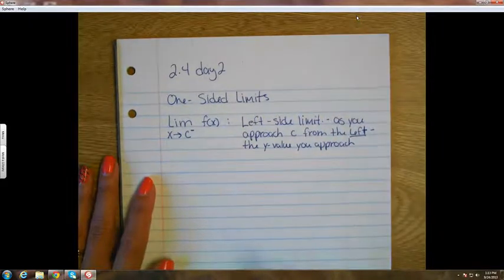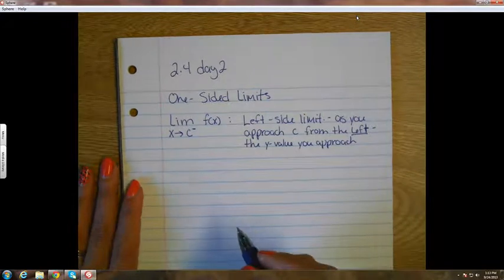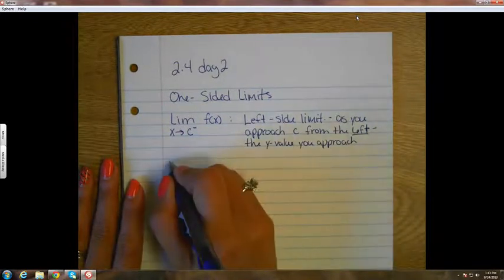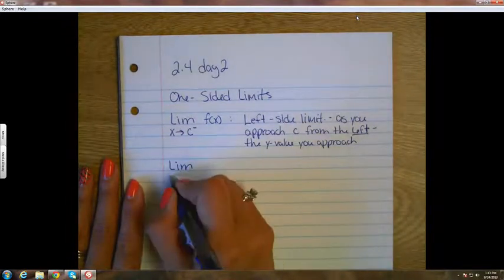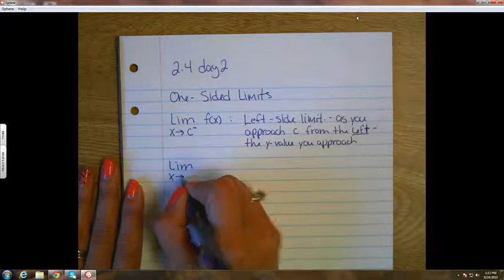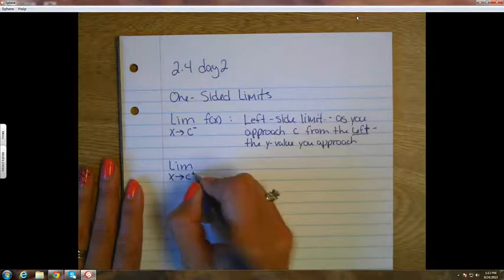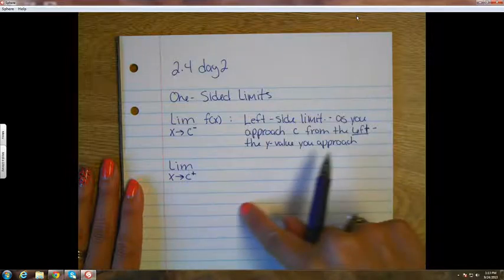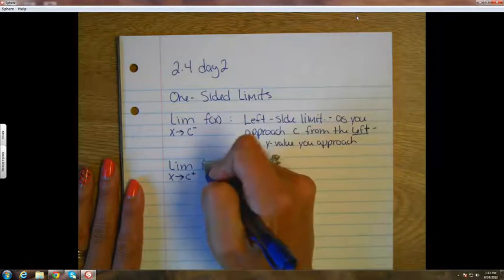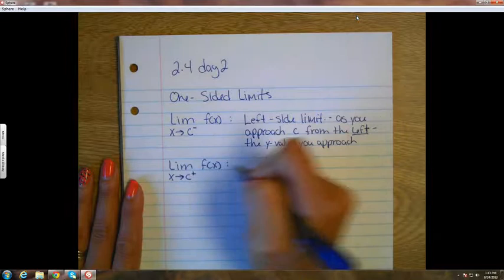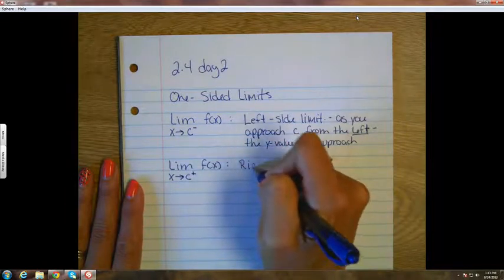Okay. The other side of the limit obviously is the right side, and that notation looks like this. The limit as x approaches some c value, then you'll see a little plus. That means you're coming in from the right. So this is the notation for a right side limit.